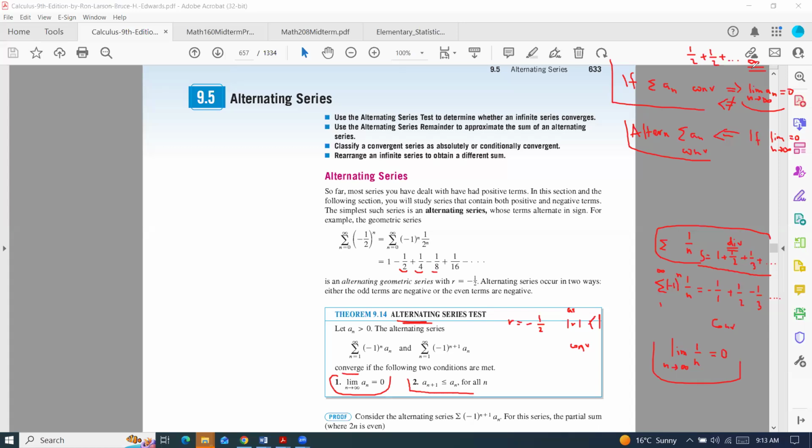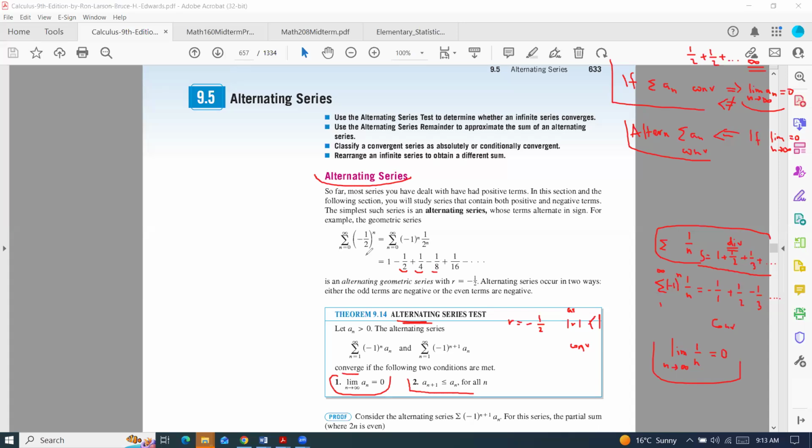They're huge. But anyways, the point of the story is that the biconditional statement works for so-called alternating series, so signs need to alternate. And they may start with a positive one, or they may start with a negative one.